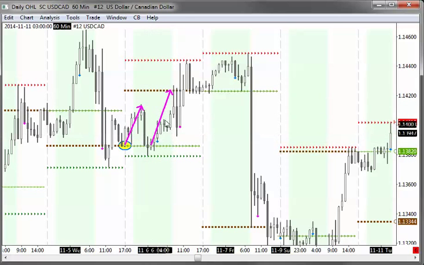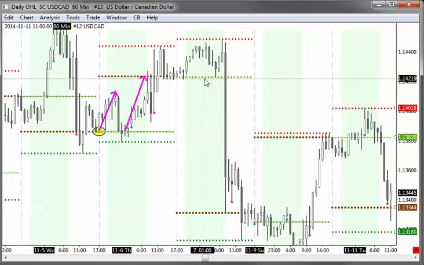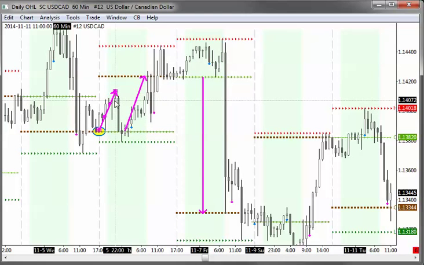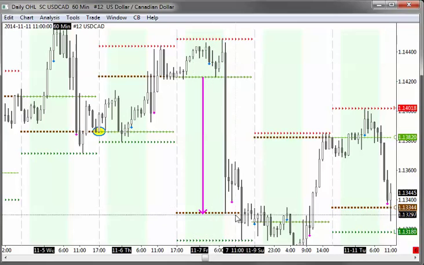So again, the smoothness of the move was in between the open and the close. Similarly over here, the smoothness of the move, the one direction part, was between the open and the close, and there was a lot of misdirection on the other side of the open and here on the other side of the close.